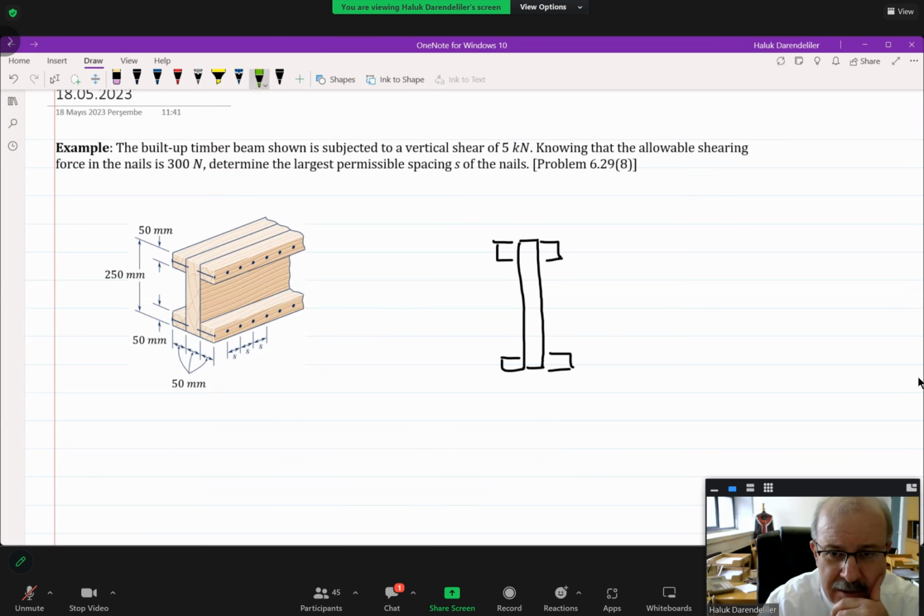Let us say that this is the y-axis and this is the z-axis. Now we know the centroid of the cross section, and we have nails, as you know from the right figure. Because there is symmetry, we are going to consider one of these 4 pieces, say this one.